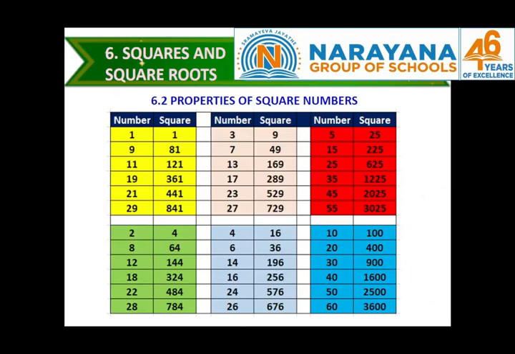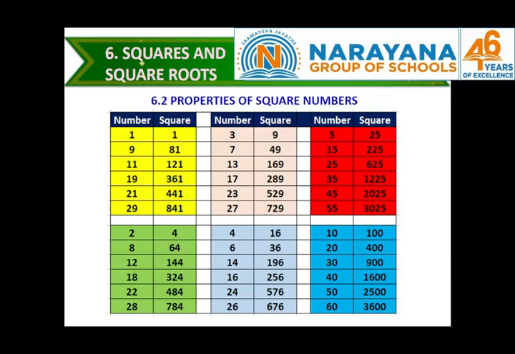Light blue color. 4 square 16, 6 square 36, 14 square 196, 16 square is 256, 24 square is 576, and 26 square is 676. See, the numbers which end with the digit 4, their squares end with 6. Similarly, if a number ends with the digit 6, its square also ends with the digit 6.